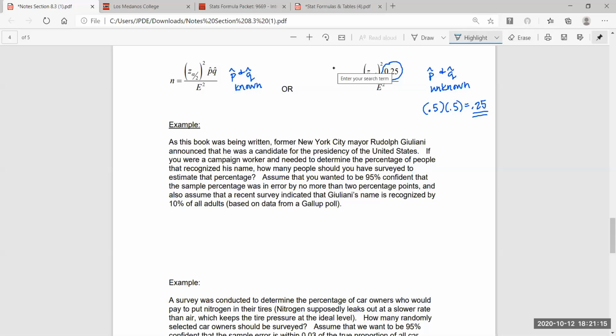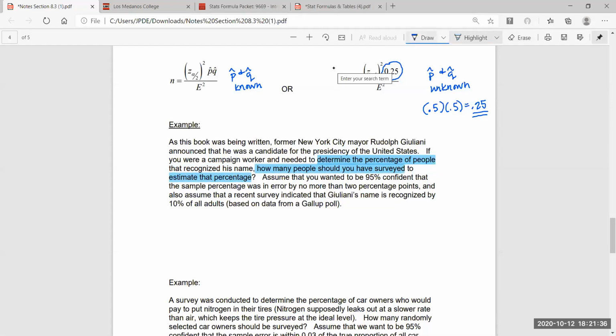So you're going to do a poll and you want a percentage. So you're trying to determine the percentage of people that recognized his name. How many people should you survey to estimate the percentage? Okay.